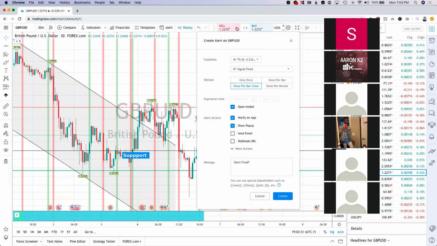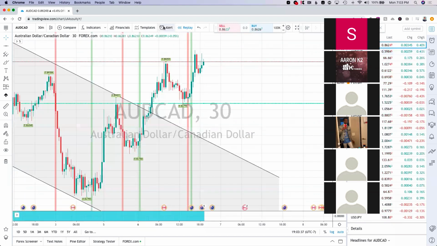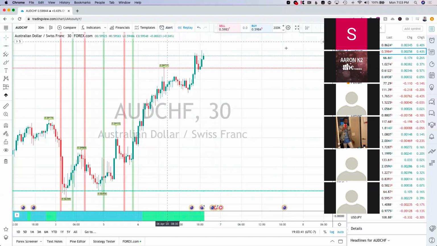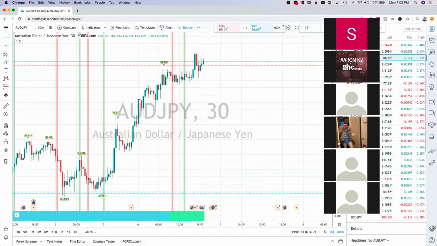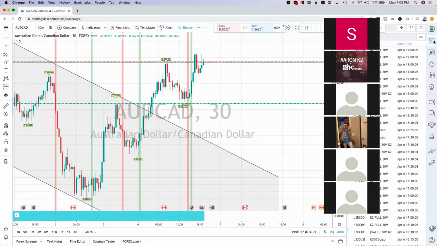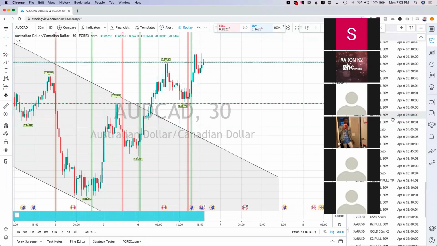You can do that for every pair. If you want it for GU, you pretty much have to go one by one. I'm going to do that right now. I looked around and a half hour had 342 alerts. Mine is the same. Even with per bar close I still get a ton of alerts.